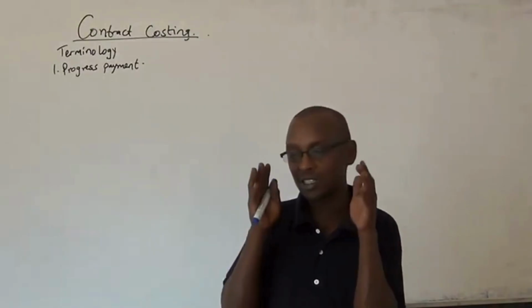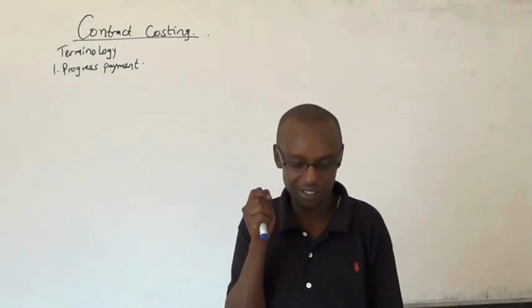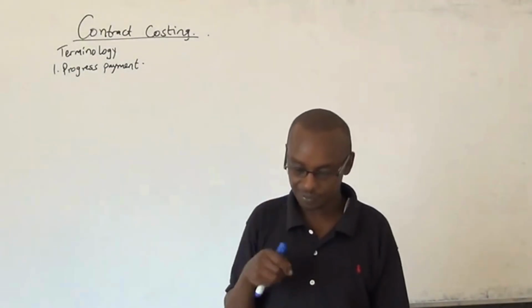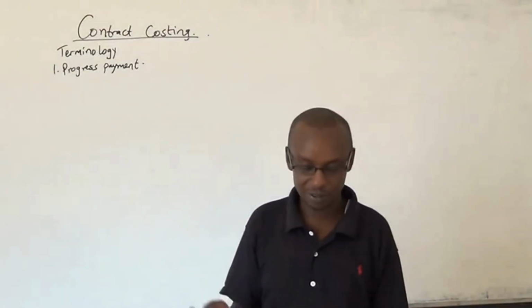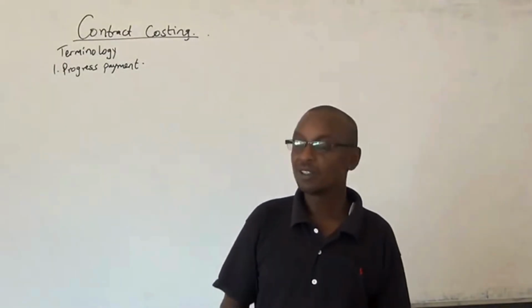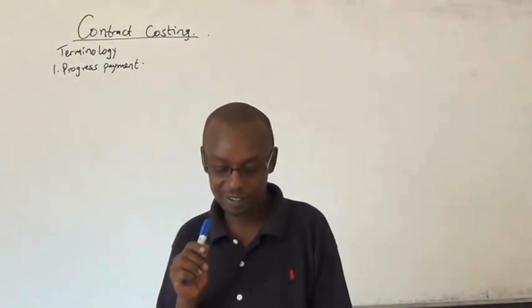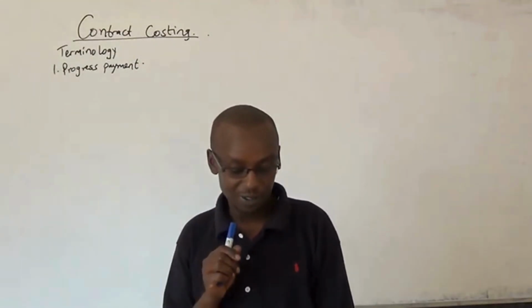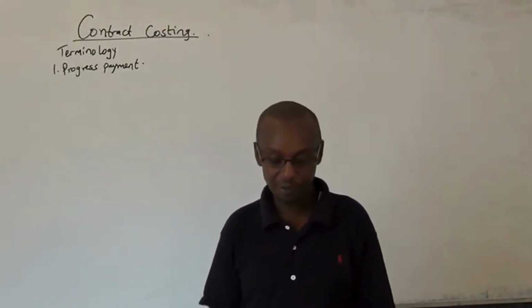So when the architect says that and gives an architect certificate, then the client pays the contractor. These progress payments consist of the sales value of the work carried out and certified. So that is progress payment.